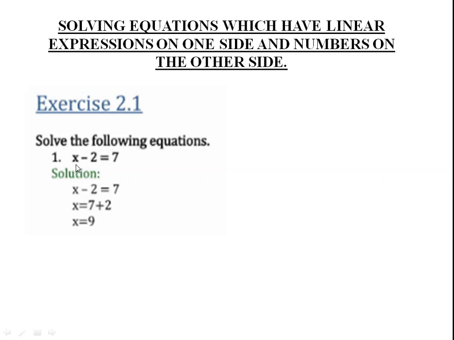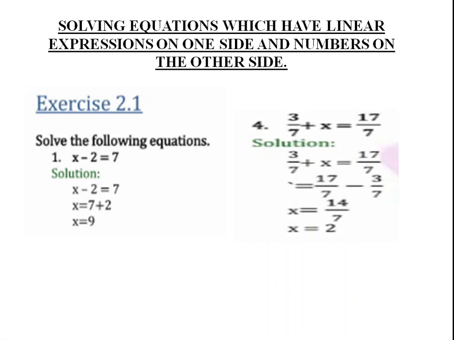If we put any number other than 9, this will be a false statement. So what is a solution? A solution of an equation is the value which makes the two sides of the equation equal. Let's see another example. Here 3 by 7 plus x equal to 17 by 7.